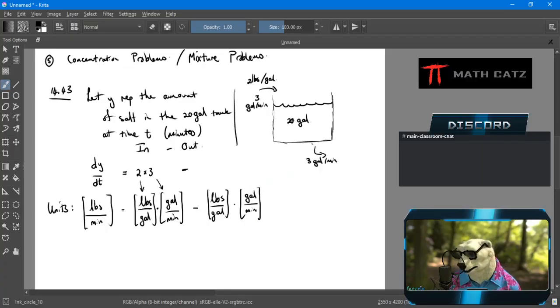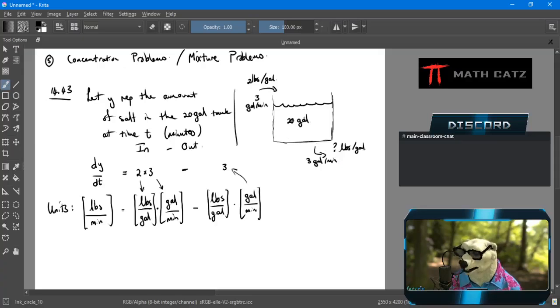So now what is leaving here? Sure, the 3 is going to be the gallons per minute that is going out. But how much here in pounds per gallon are going out?